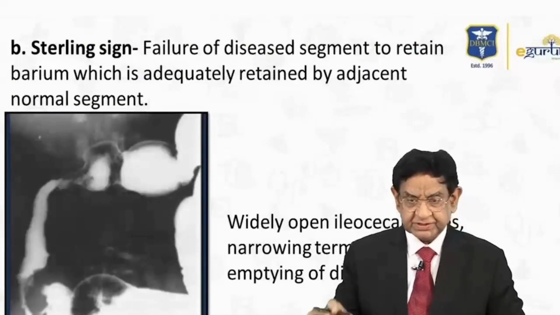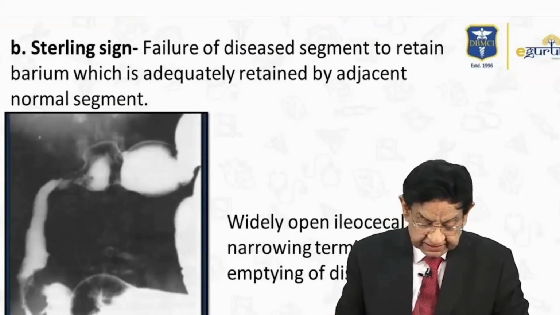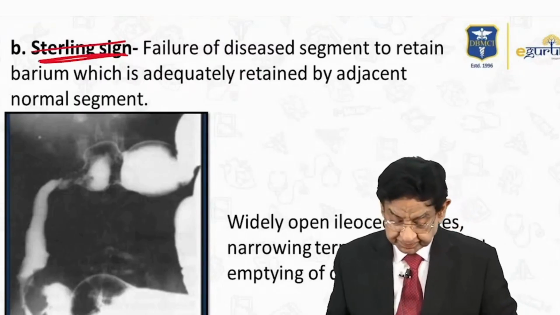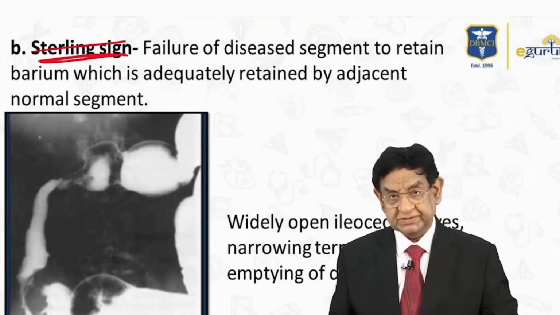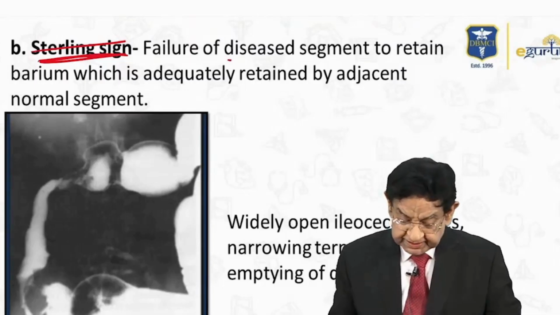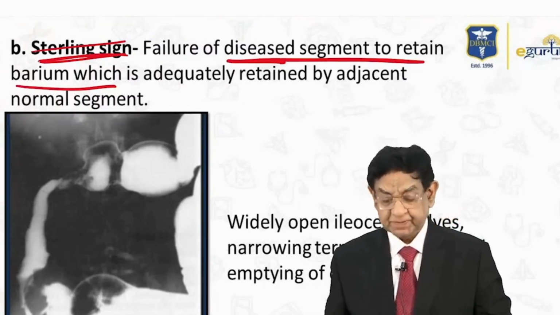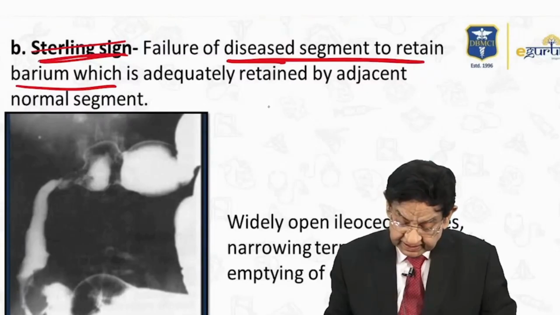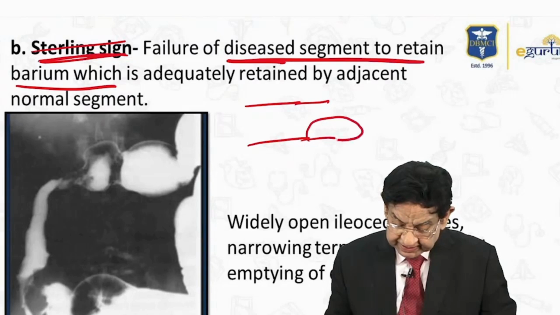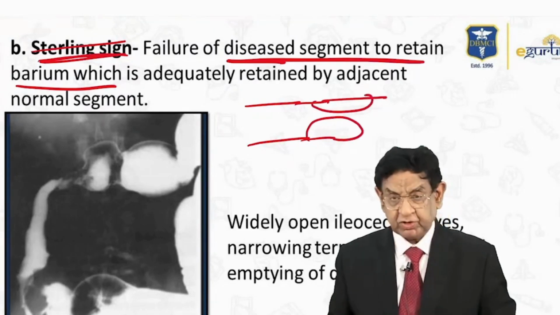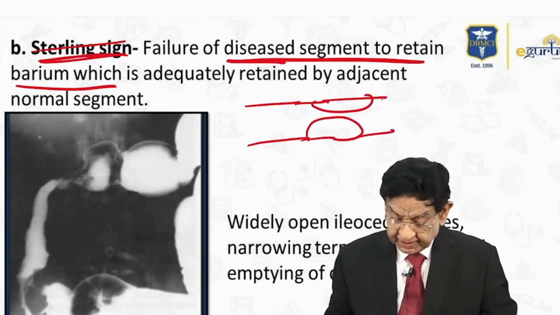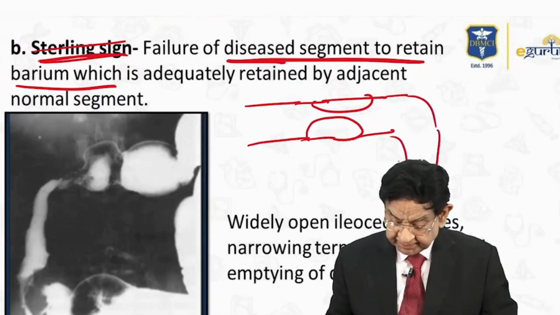Now come the exam questions. He is going to ask you this thing. One is Sterling sign on barium studies. What is this? The diseased segment is not able to retain the barium. Let's say this is the small intestine and here we are getting a diseased part, hypertrophied segment, and it occurs in the terminal ileum and this is the cecum.